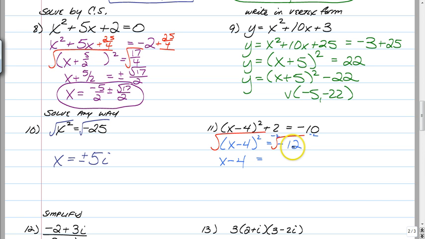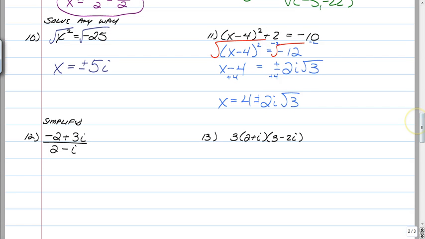The square root of 12 simplifies to 2 root 3. So since it's negative, we have plus or minus 2i root 3. Remember, the i does not stay inside the radical, neither does the negative sign. It must come out in front. So now we just have to add 4 to both sides, and our final answer is x is equal to 4 plus or minus 2i root 3, and we are done with number 11. Okay?